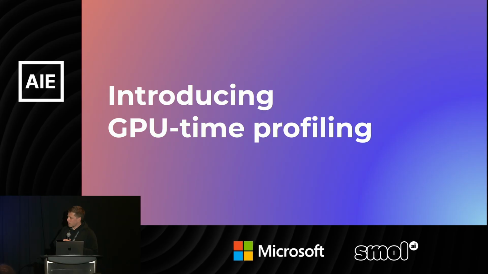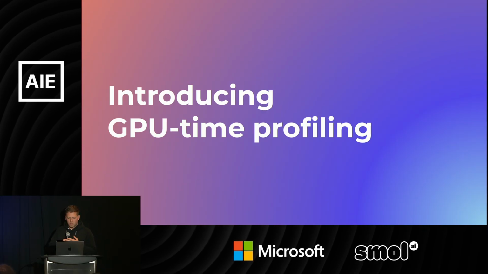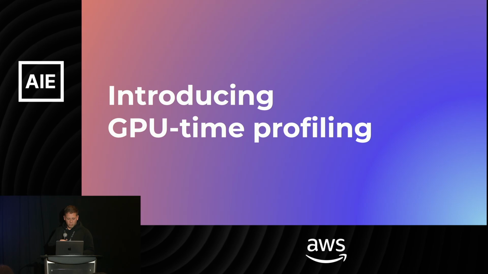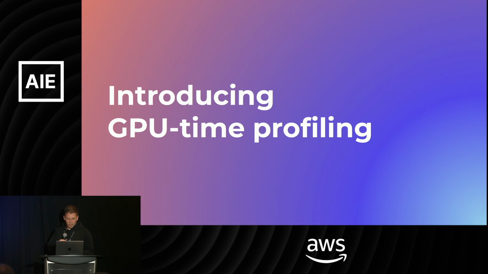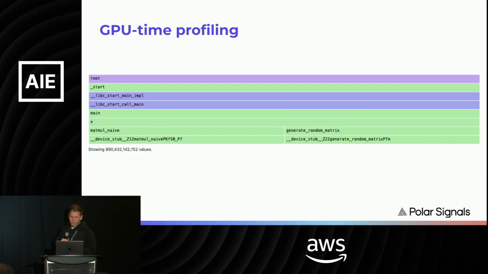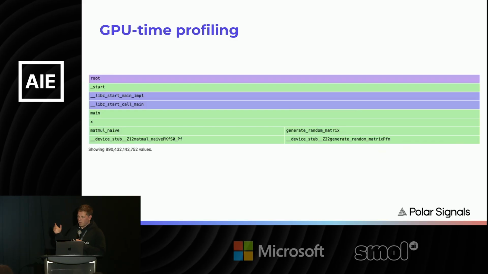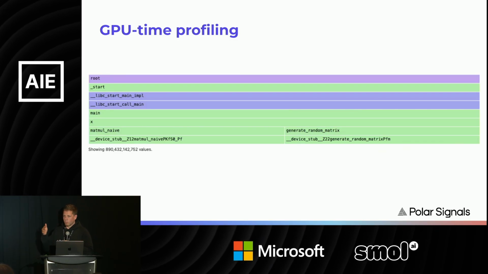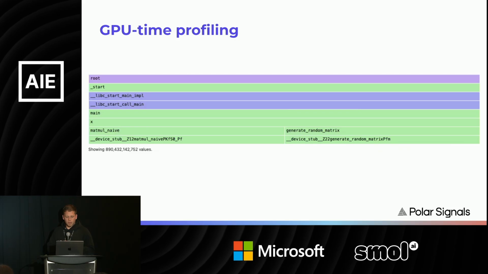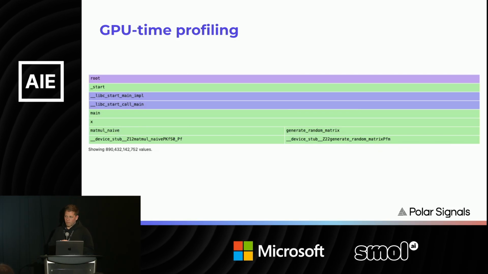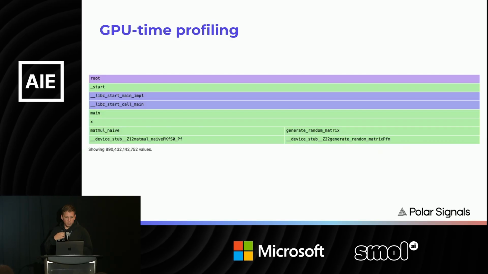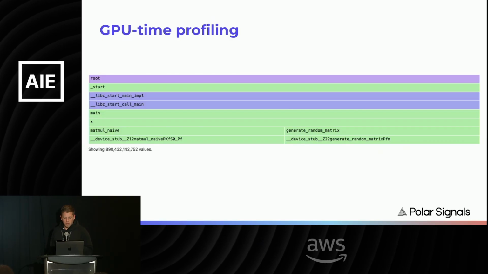Something super exciting that we first introduced this morning, so this is super fresh and hot off the press, is GPU time profiling. As you heard, I was talking about these CPU profiles, and we look at how much time is spent on individual functions on the CPU, but we are more interested in GPU time spent by these functions.